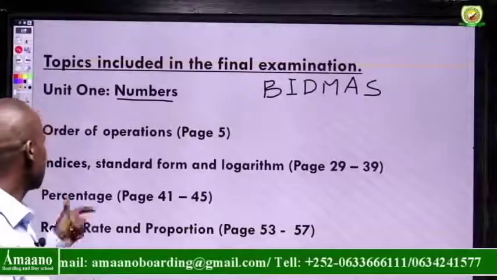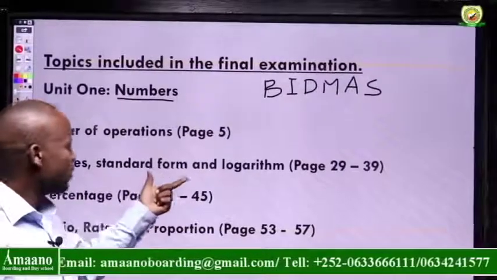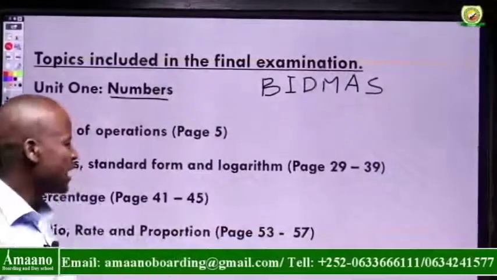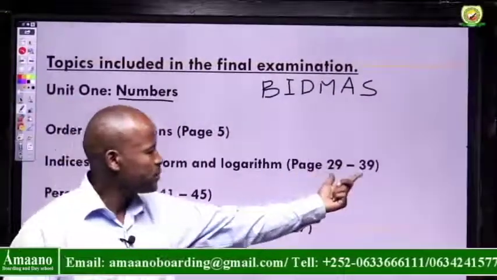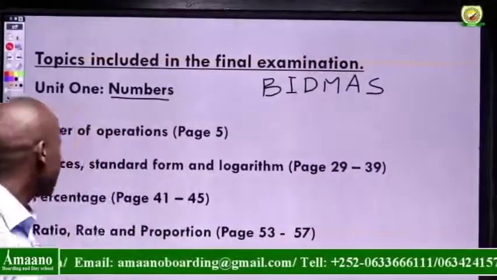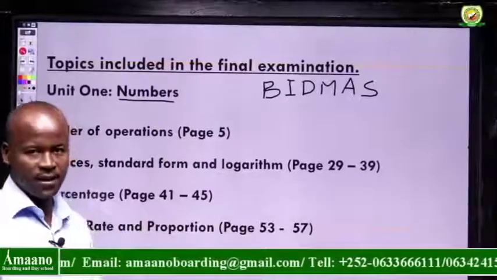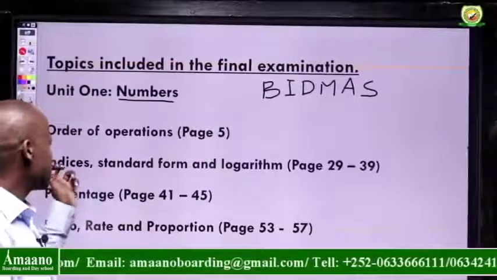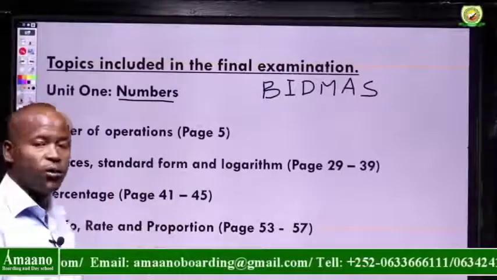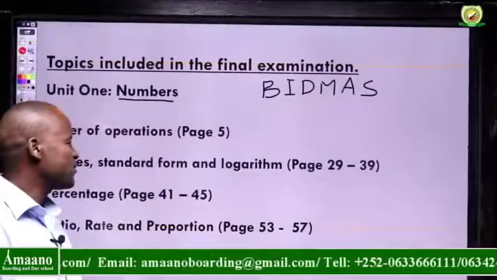The second part included in your final exam is indices, standard form and logarithm. This part you can get from your textbook from page 29 up to page 39. Indices means exponents, and there are properties, so read this. Standard form means writing ordinary numbers using standard form or scientific notation.